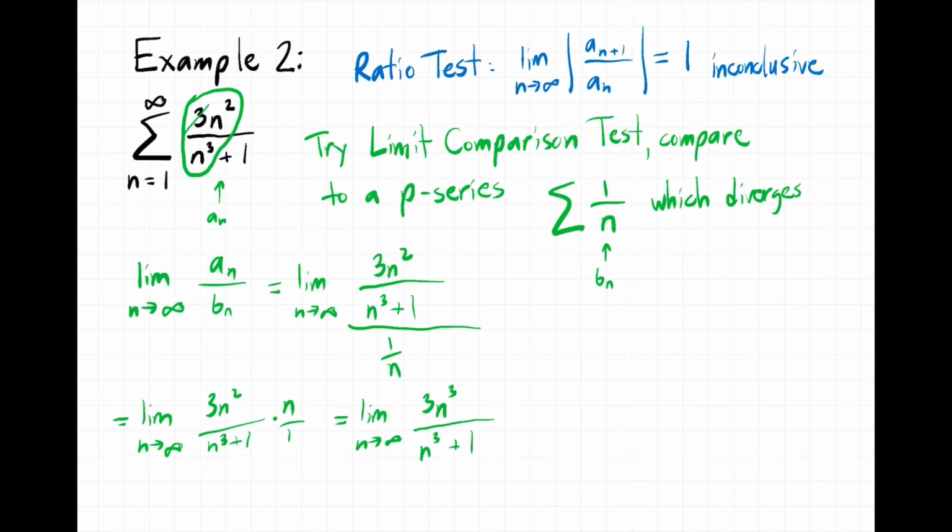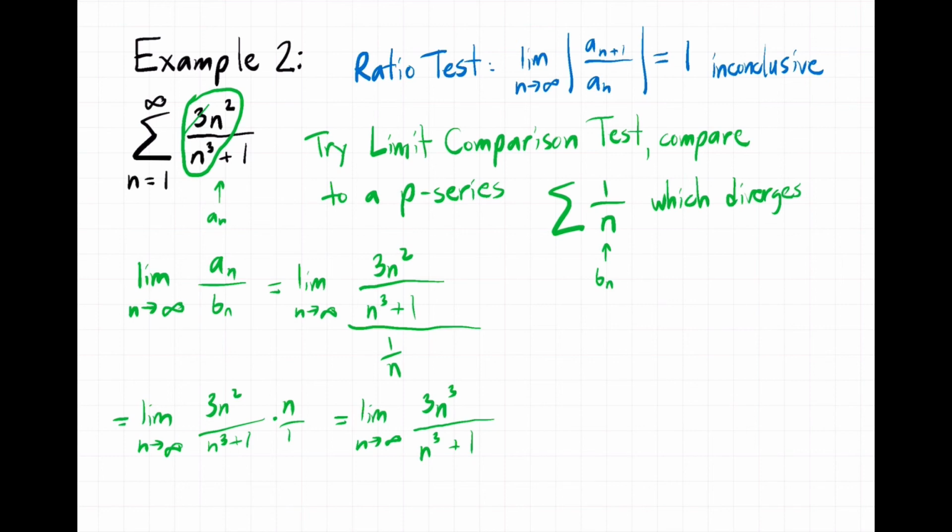The interesting thing here is that, because we made a particular choice of what series to compare to, namely the harmonic series, the series with the sum of 1 over n, we end up with a limit of a rational function where, again, the powers on n, on the top and bottom, are the same. The degree of the top and bottom are the same.